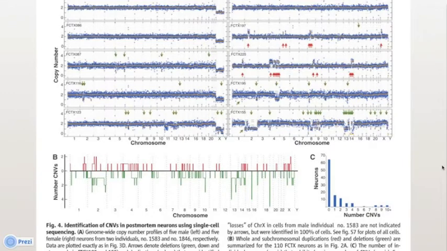Single-cell genome analysis is inherently challenging because all existing approaches require amplifying the genome before measurement. But still, the CNVs the researchers observed are valid for several reasons. First, the methods used were previously validated.